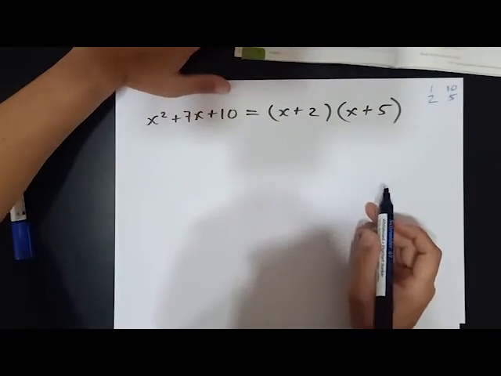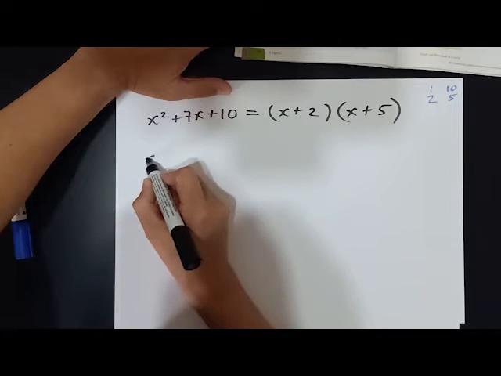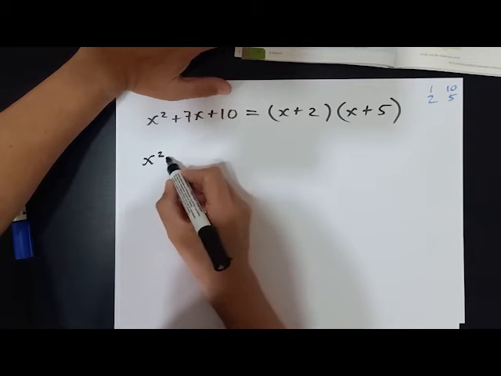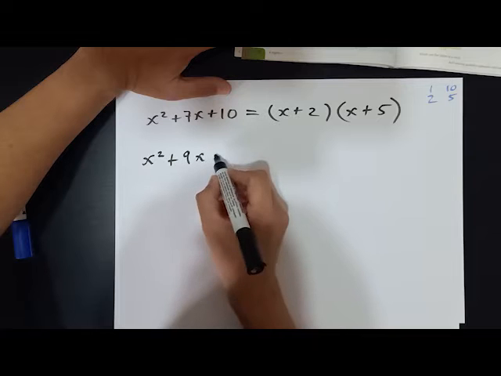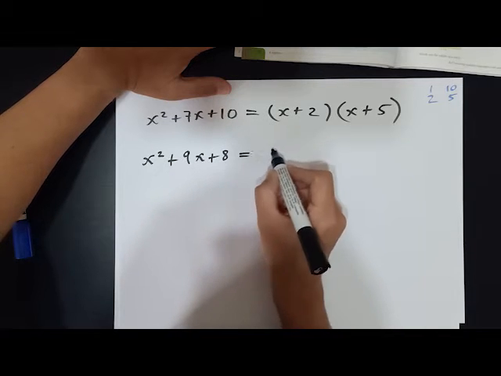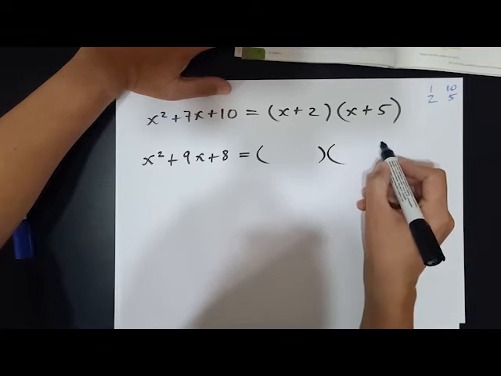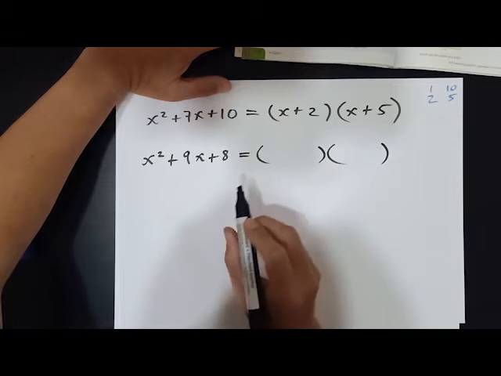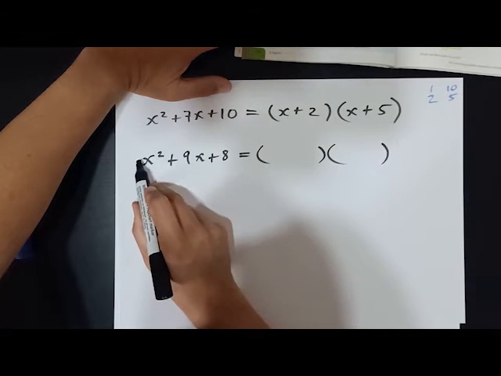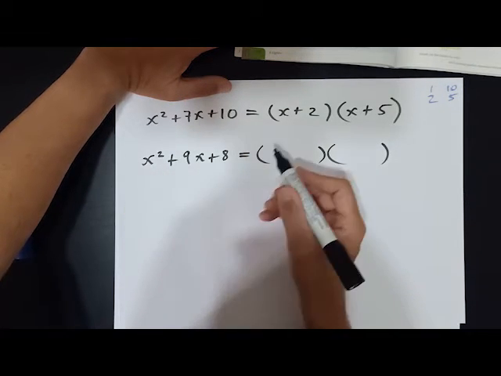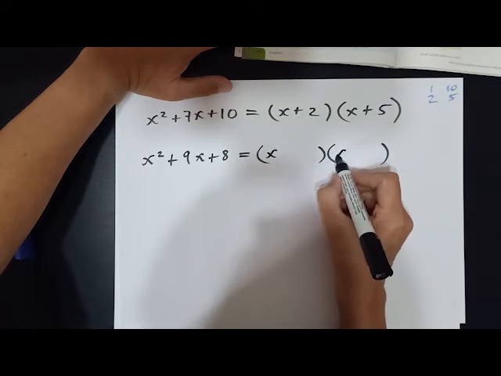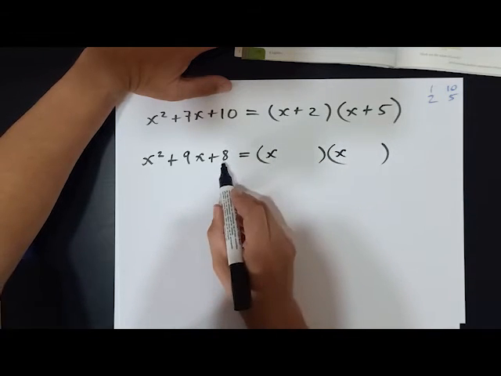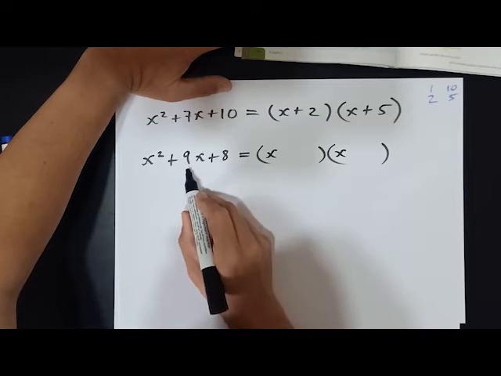I've got a couple more examples here. Let's do a couple more. Example A: x squared plus 9x plus 8. The coefficient here is just 1, so I know that's going to be x and x. They multiply together to make this, and add together to make this.